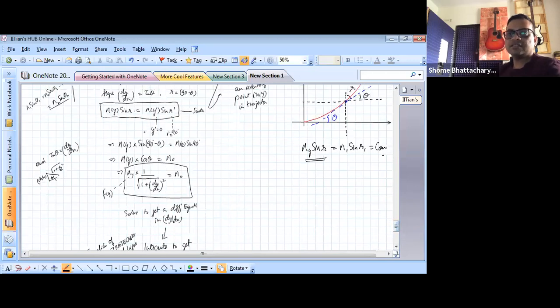Okay, and next thing is just calculus over there. So you can see that r is 90 minus theta. So sine r becomes cos theta, which can be written as 1 upon square root 1 plus tan square theta. And tan theta is nothing but dy by dx. Tan theta is the instantaneous slope.